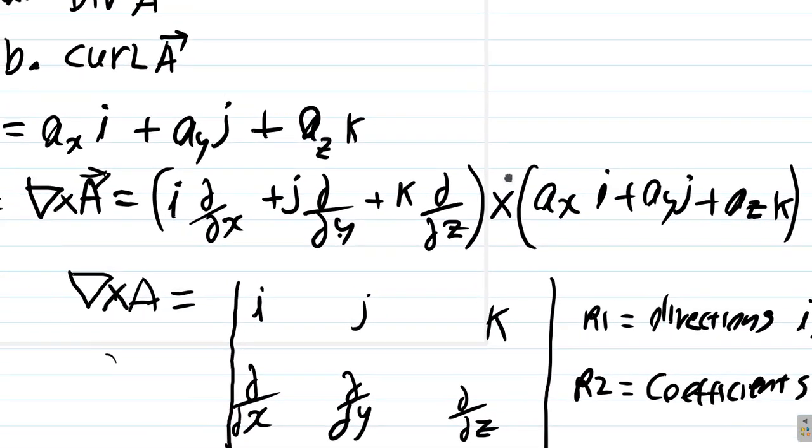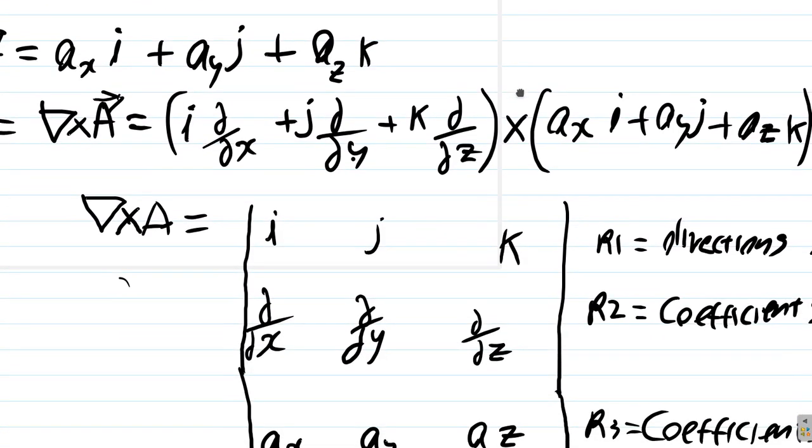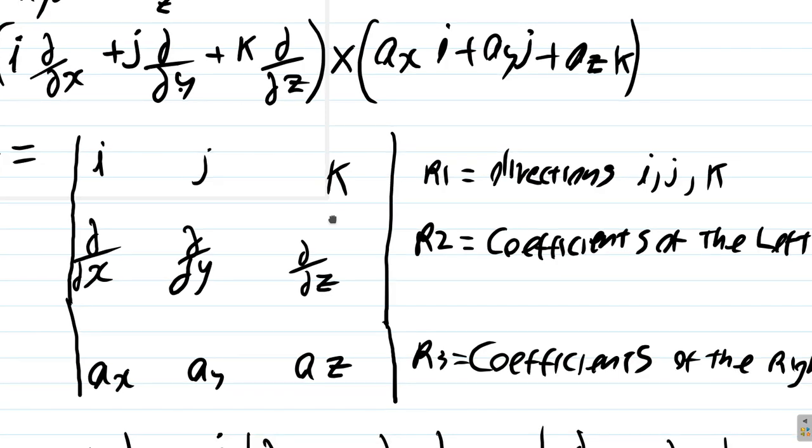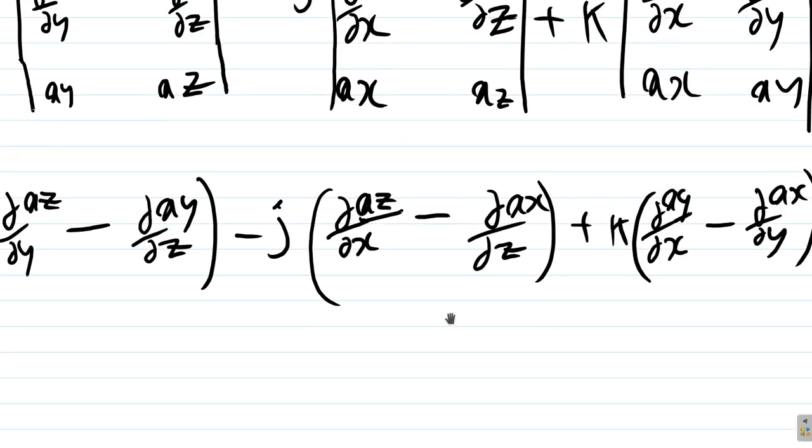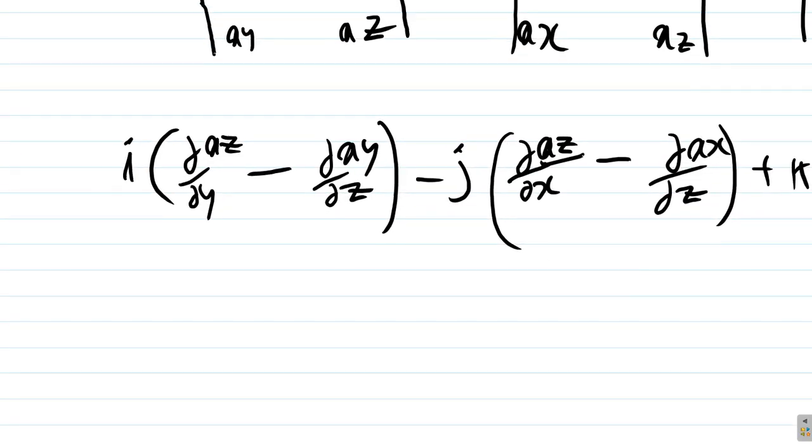We have A. We need to find the curl of A. Let's repeat this here. A is 3xz squared i. So let's just rewrite it down here.